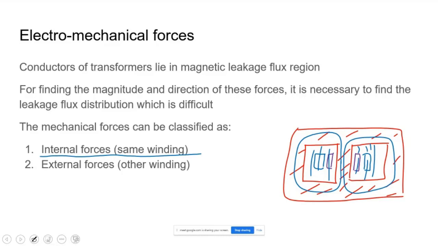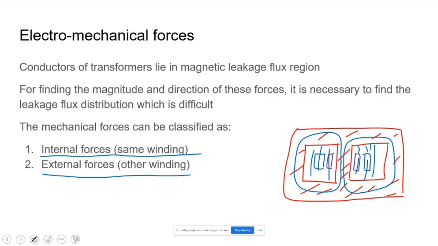External forces, the second one, means the effect of one winding on the other winding. So there are two types of forces actually. In the same winding there are forces, but due to the other winding, the first winding can also experience forces.